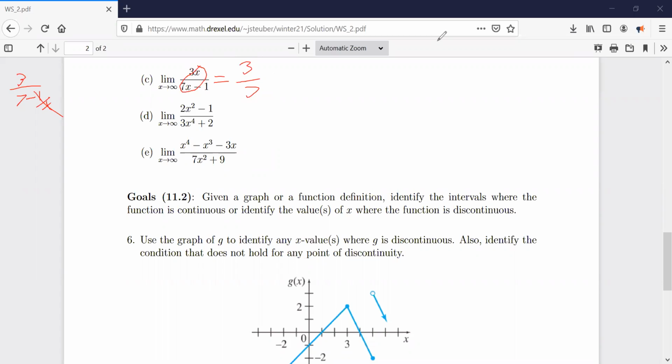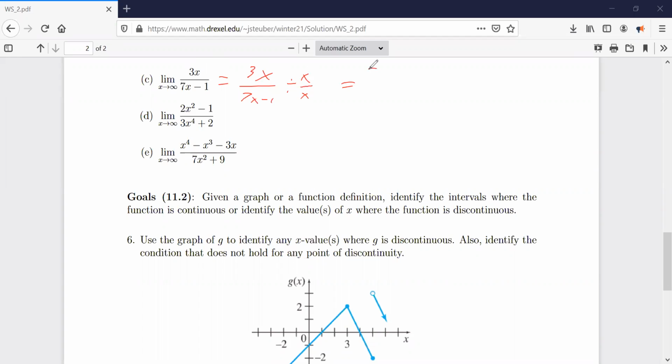But if you wanted to do this really step by step, I would suggest doing what she said of dividing both the top and the bottom by the lead power of x. So we have 3x over 7x minus 1, and then we divide by x over x, let's say.